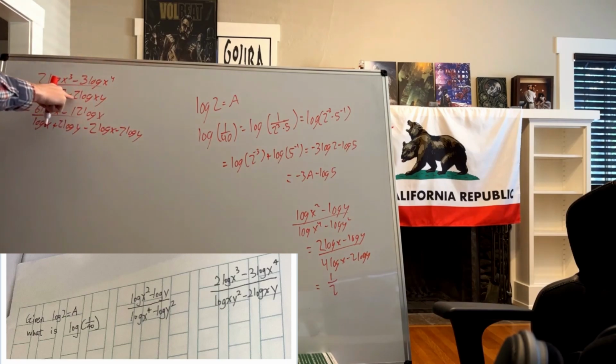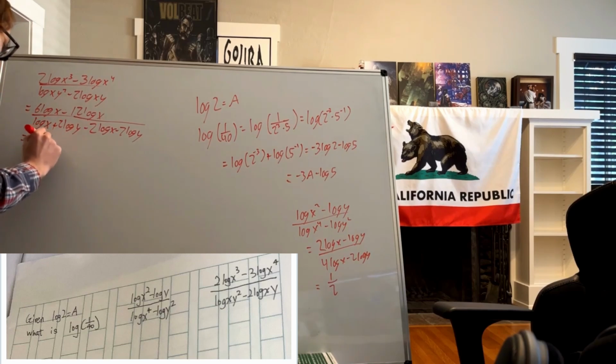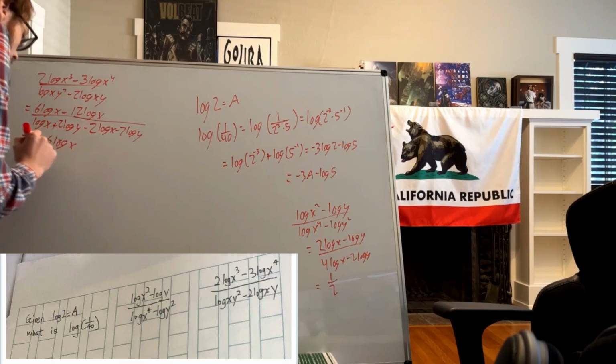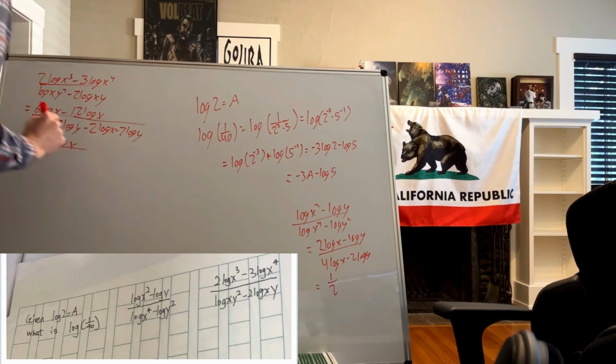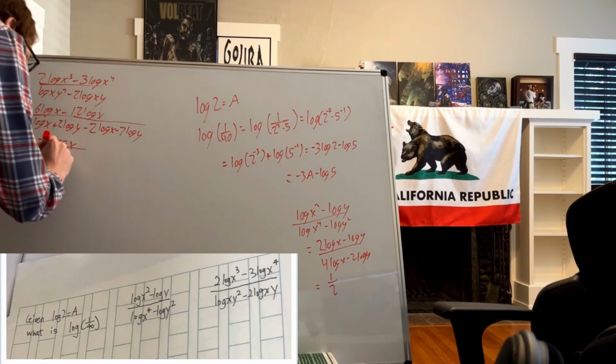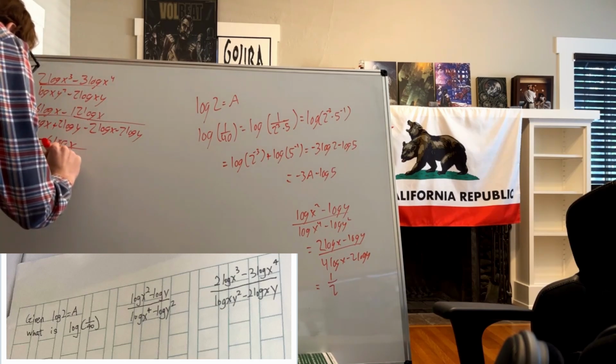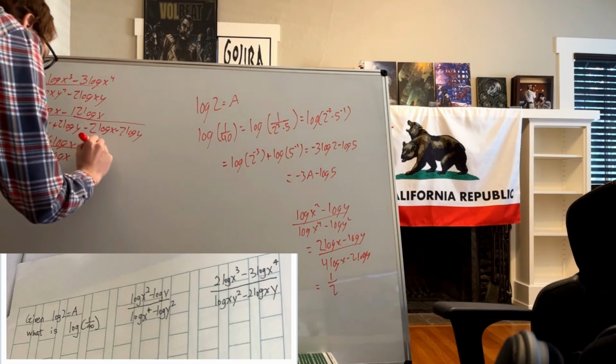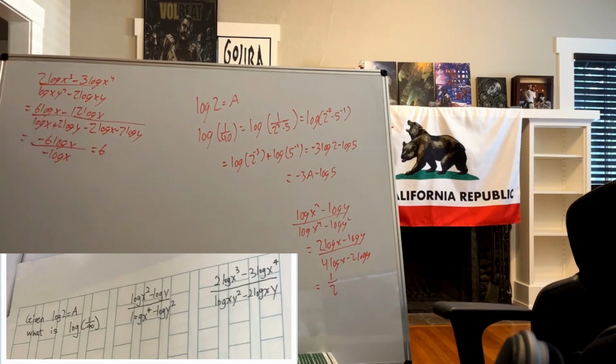That minus 2 needs to be multiplied to both of those logs. On top, we just get minus 6 log x. On the bottom, plus 2 log y minus 2 log y becomes 0. Log x minus 2 log x is minus log x. So we just get negative 6, or positive 6.